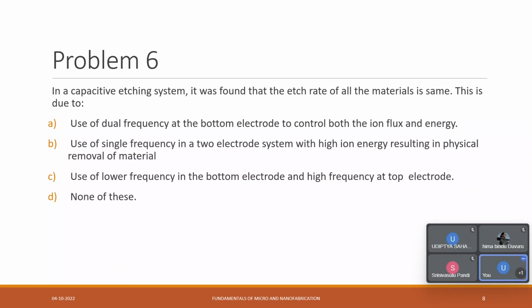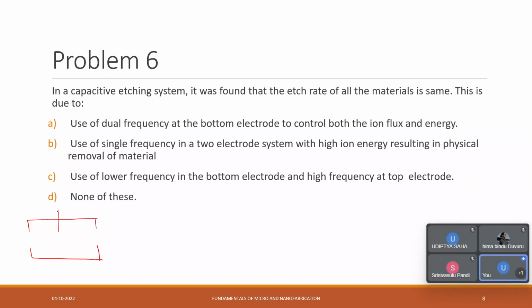Okay, so let me draw the different etching systems here. Let's start with the single frequency one. Consider it to be a chamber, with a single frequency and 2 electrode system.